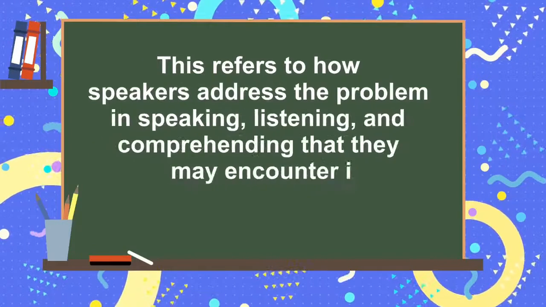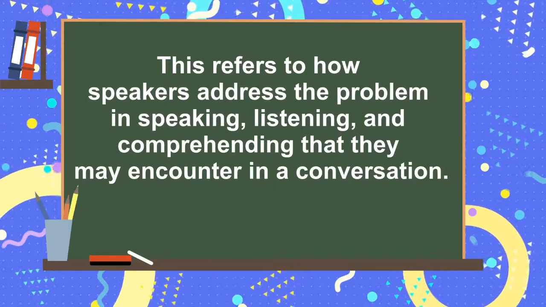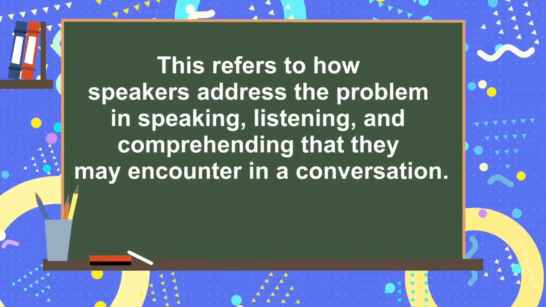This refers to how speakers address the problems in speaking, listening, and comprehending that they may encounter in a conversation. For example, if everybody in the conversation seems to talk at the same time, give way and appreciate others' initiative to set the conversation back to its topic. And that is another type of communicative strategies which is called repair.